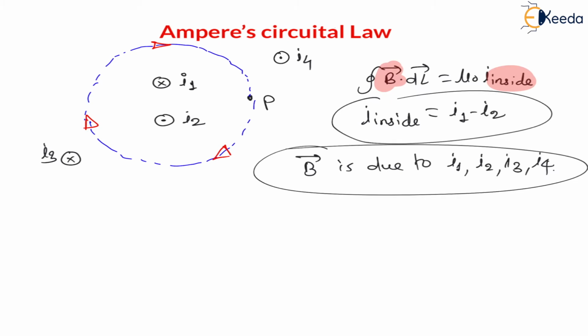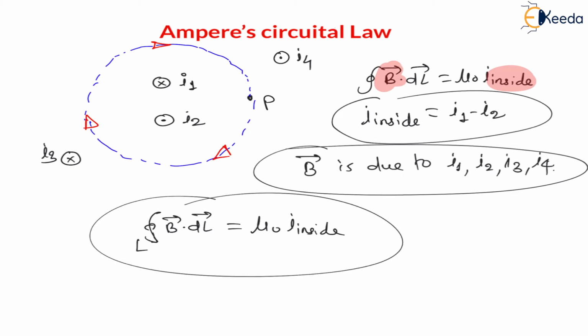Means all inside as well as outside currents we have to consider while calculating the magnetic field, but the result will be that only the inside current remains, right? This is a very interesting result, right? Remember, the line integral of the magnetic field for a closed loop is equal to the permeability mu naught into I inside.